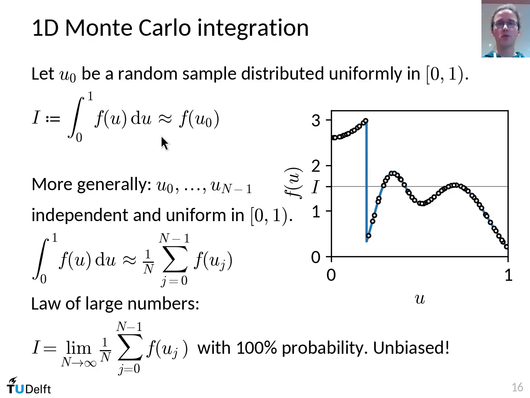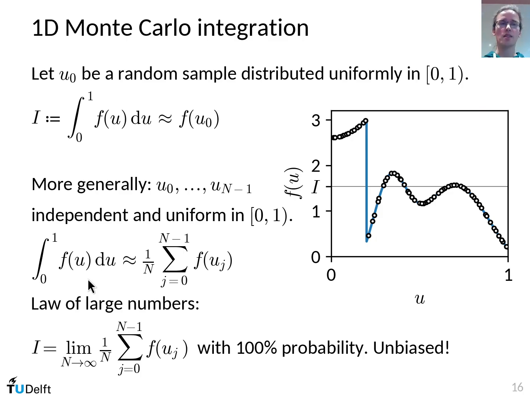Specifically, what we can do is we can just repeat this. We can do it more frequently. And that means we are taking more random points in this interval from 0 to 1 now. And then we take the average value of all the values of f at these different points. And then this is going to be our estimate for the integral.